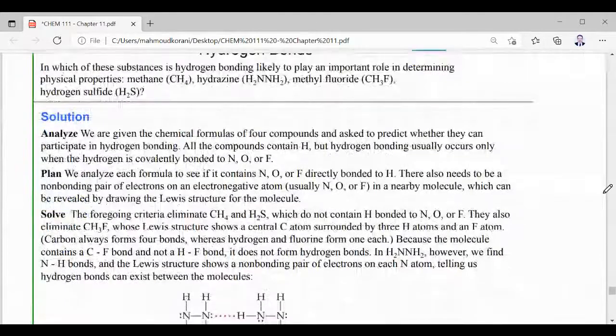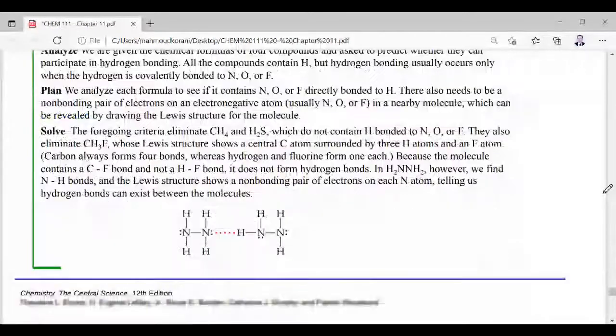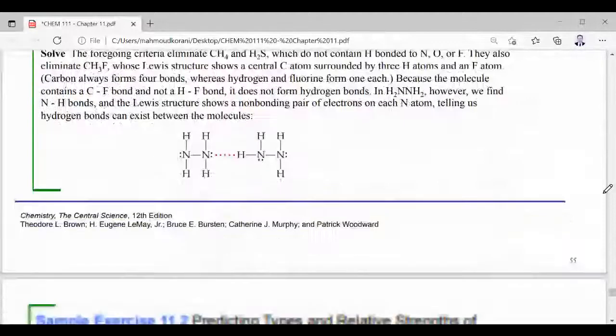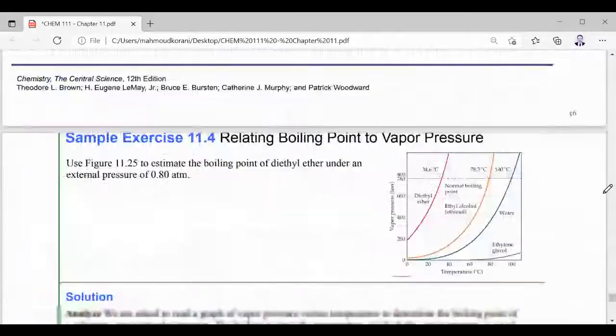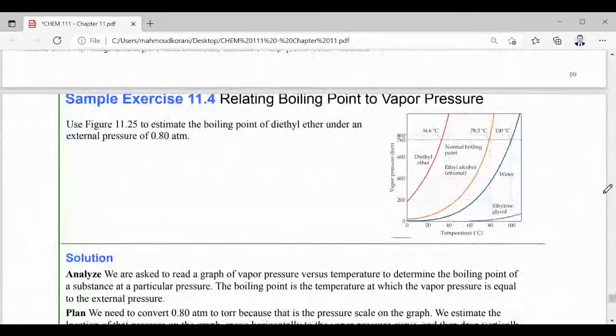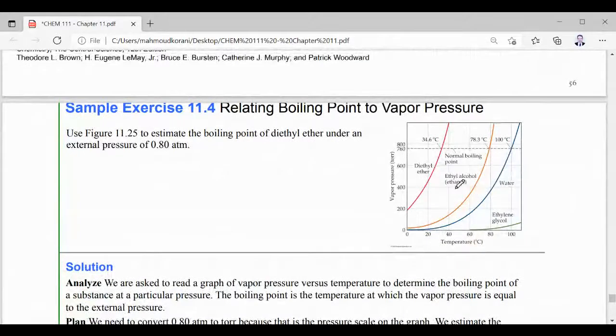These are two examples I have already solved in detail. Just see them, and if you find any problem, just contact me and I'm going to discuss with you. This figure I have already explained to you. Here I'm asking to estimate the boiling point for diethyl ether at that pressure. Once this pressure is lower than 1 atmosphere, the boiling point should be lower than this value. How can we get it?